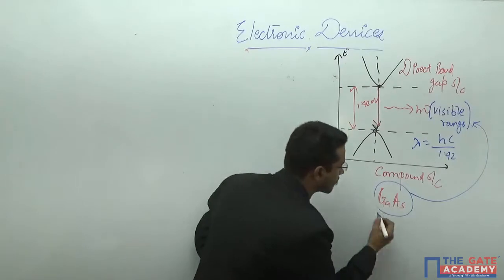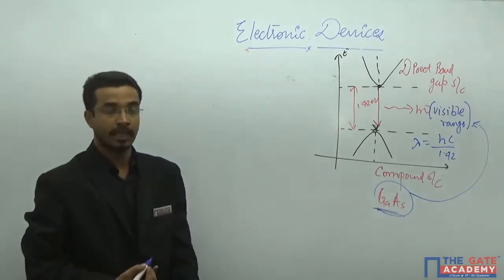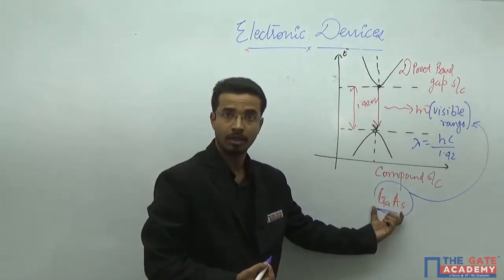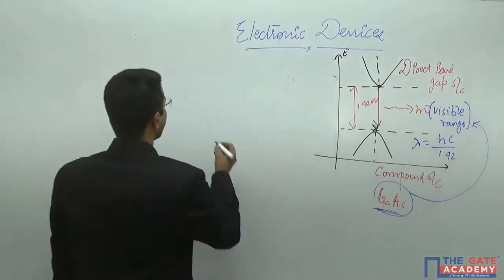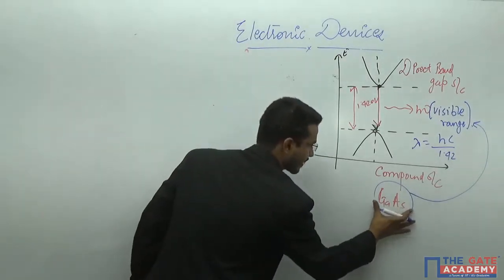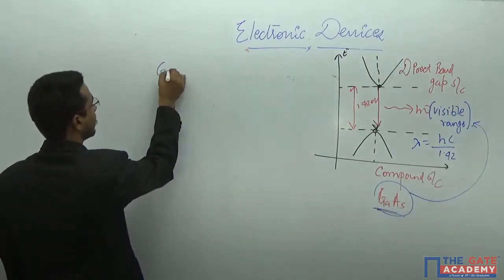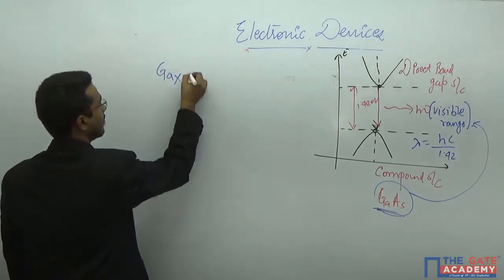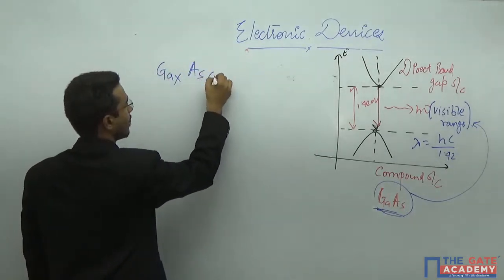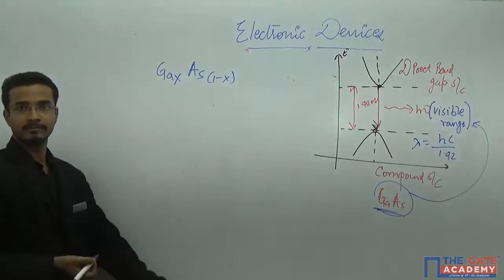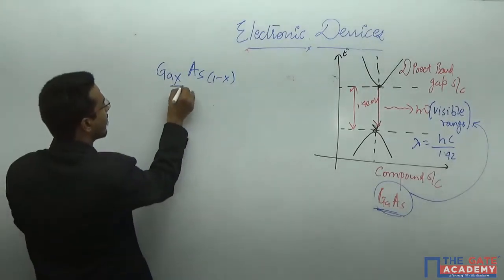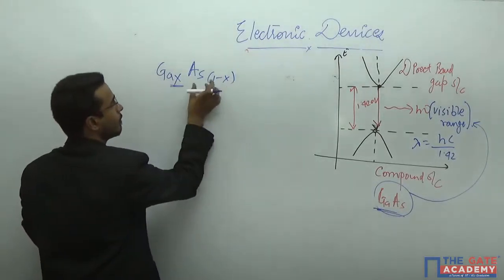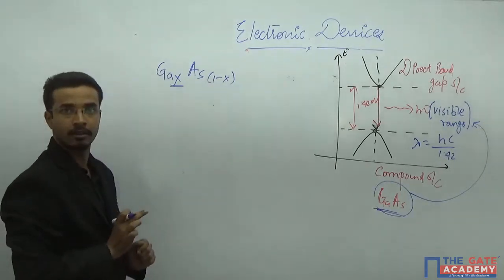But what is the beauty of the compound semiconductor? This is basically 1 mole. Yes or no? So the general representation of this is gallium of X and arsenic of 1 minus X. This is the mole fraction of the gallium and this is the mole fraction of arsenic.